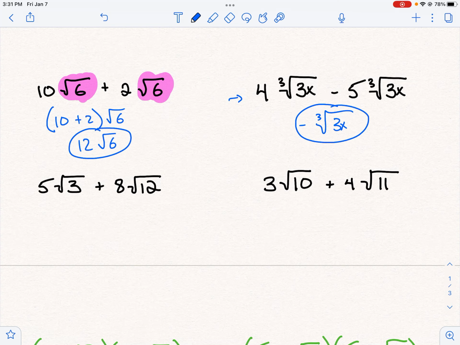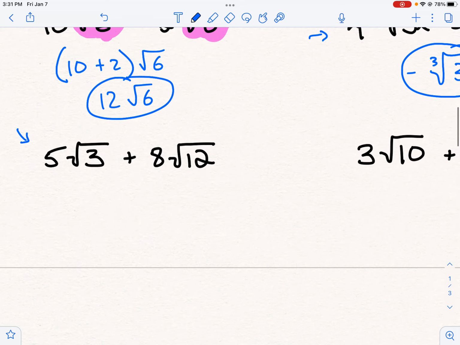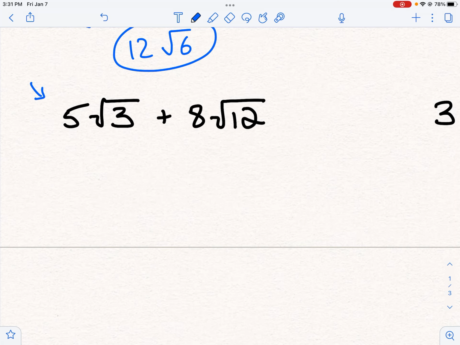Now, a couple times you'll find yourself in a situation where the radicand, that thing that's on the inside of the square root, doesn't match. In this case, we got a 3 and a 12. Well, don't give up on this problem just yet. Try to break this down and see if you can get yourself a perfect square, right?